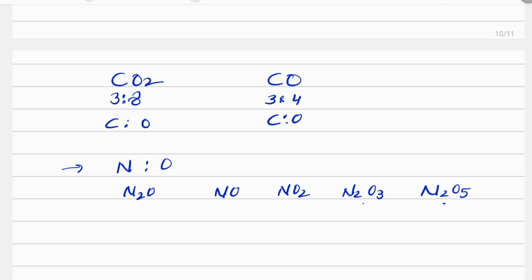So over here the nitrogen and oxygen are present in variable ratios, and they are forming so many different oxides of nitrogen.